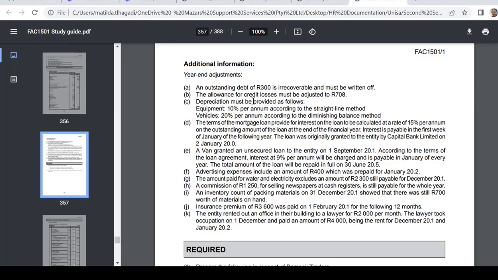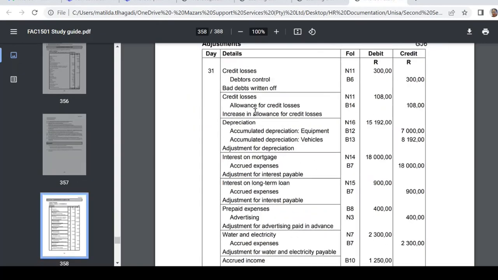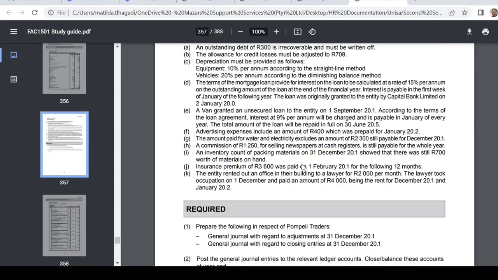So the annual interest is what? 18,000. Yes. So you're going to debit interest on mortgage and credit your accrued expenses. So it's an adjustment for interest payable.